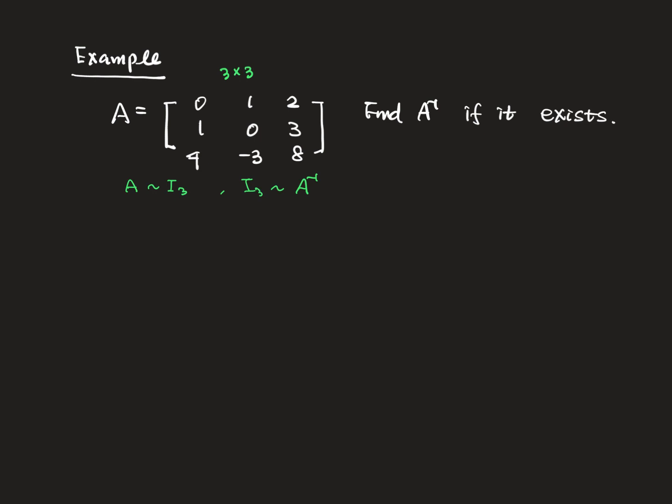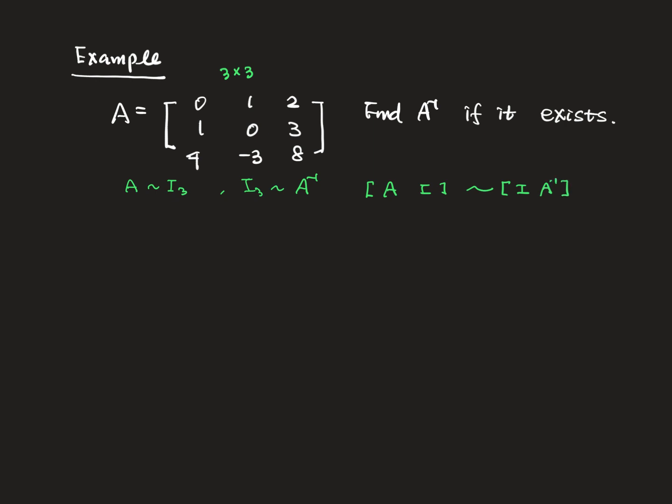First, you write down the augmented matrix in the form A, I. Then we do all the row operations reducing it, so that A becomes I and I becomes A inverse.